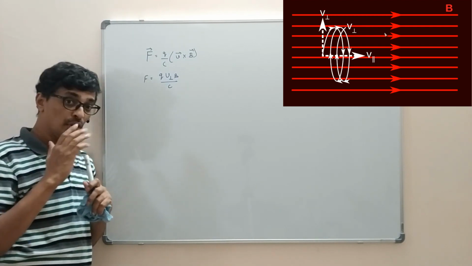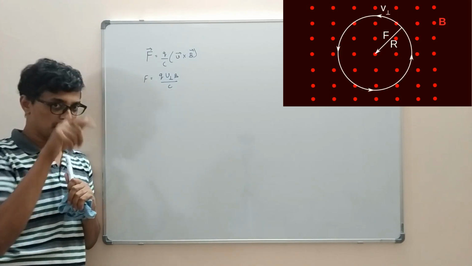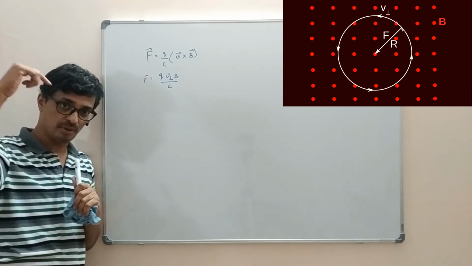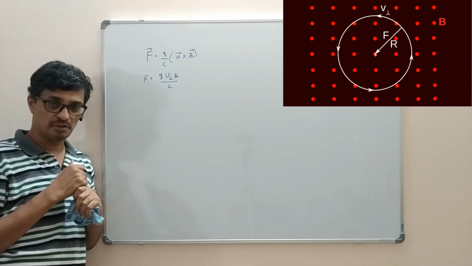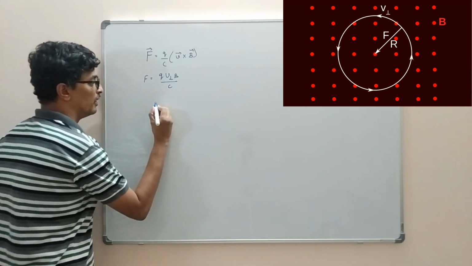Well, if you look at the projection of this motion, it's going to be circular, so there is going to be a force which acts towards the center, and that is the centripetal force.